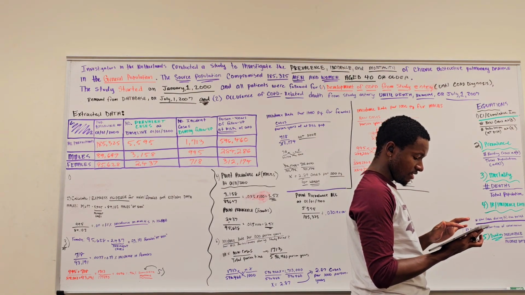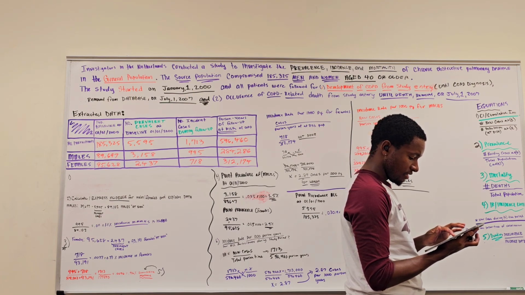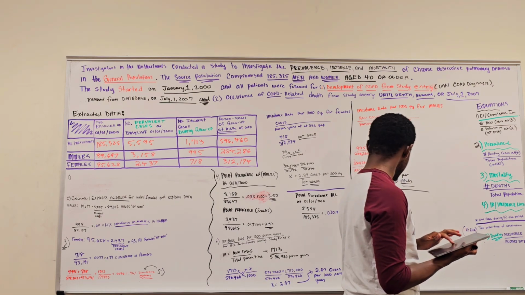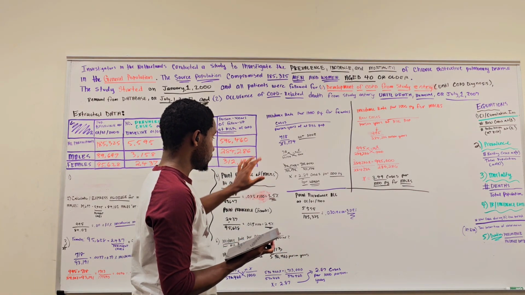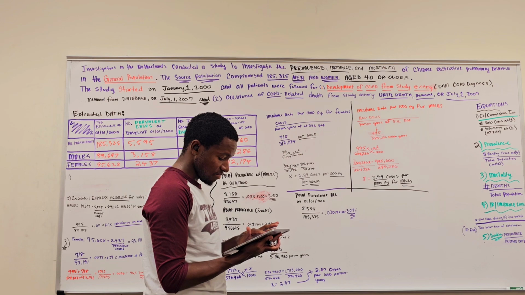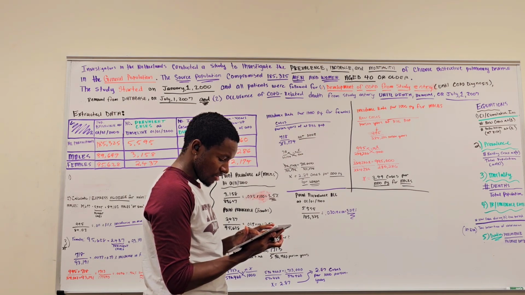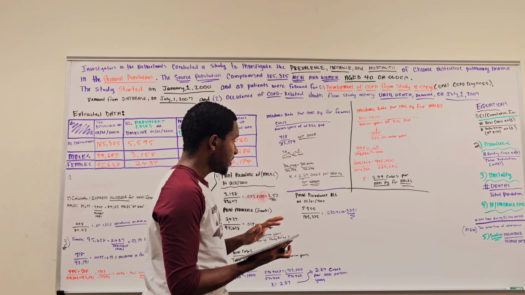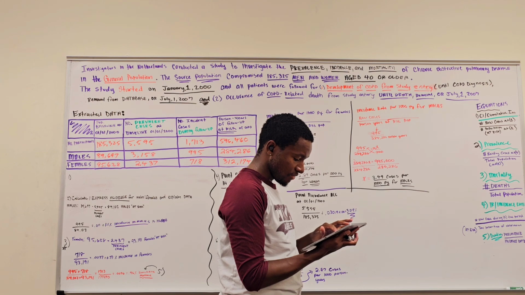Number 9, let's see, 10. See, we already got the incidence rate per 1,000 person years right here. See, number 11 is, see, the incidence rate of COPD for males is right here. Number 12.